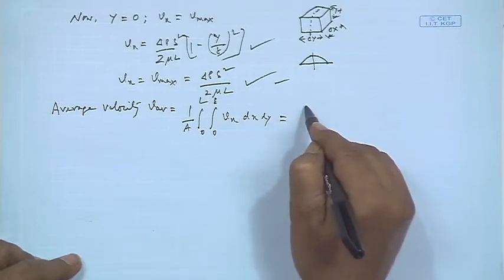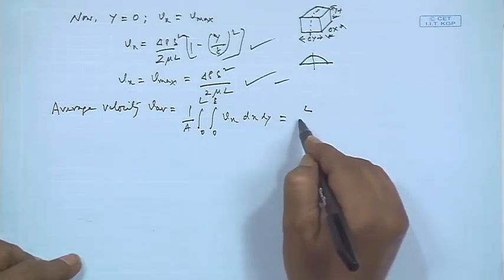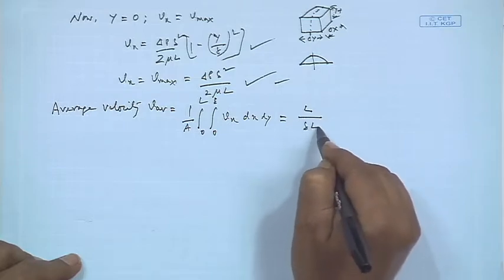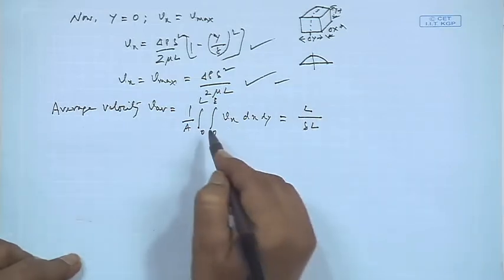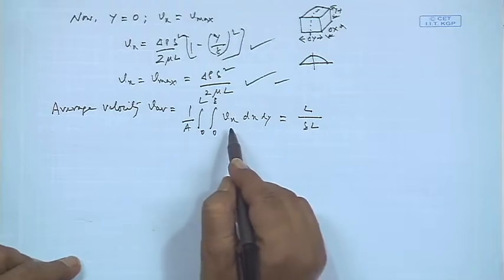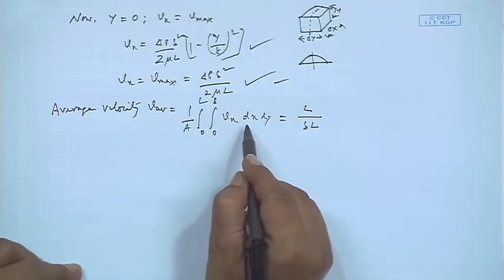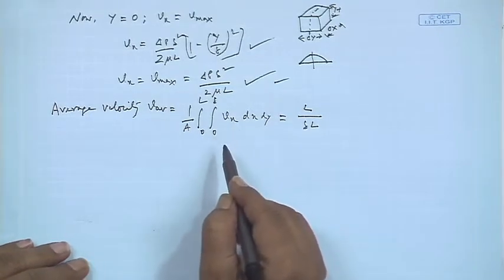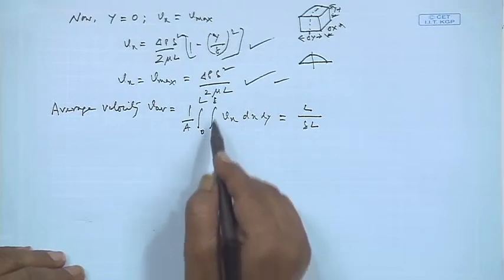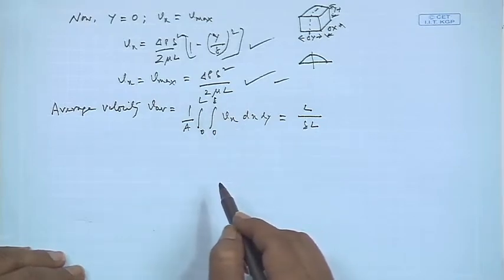So, this is nothing but L over del L, because one integration of dv x dx goes into this del.